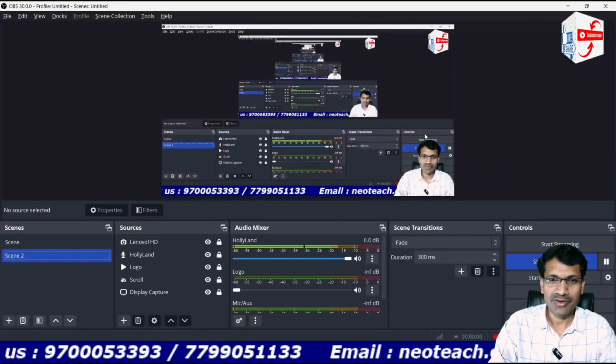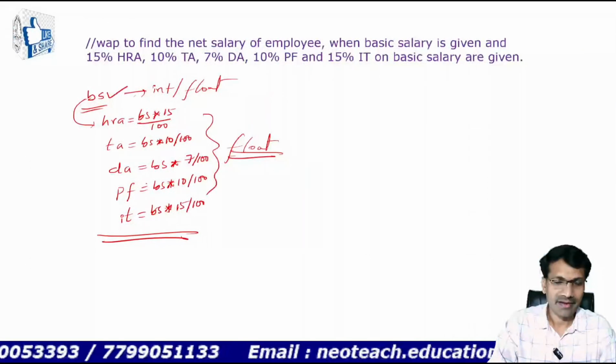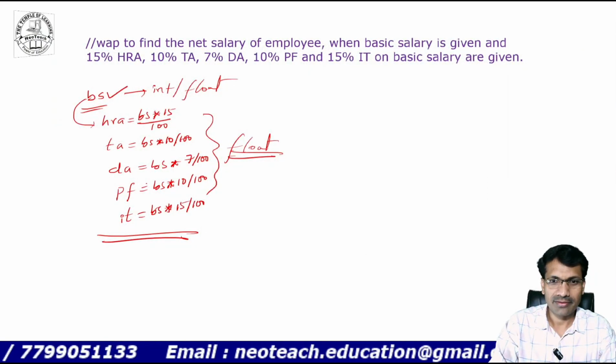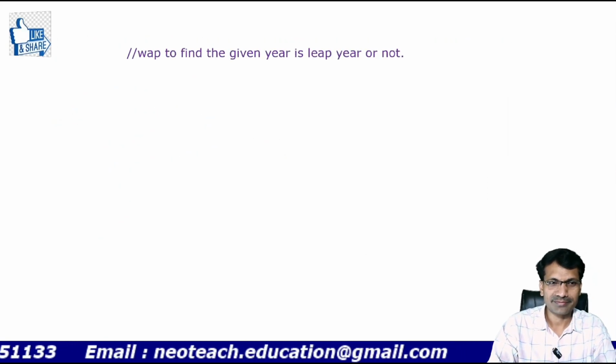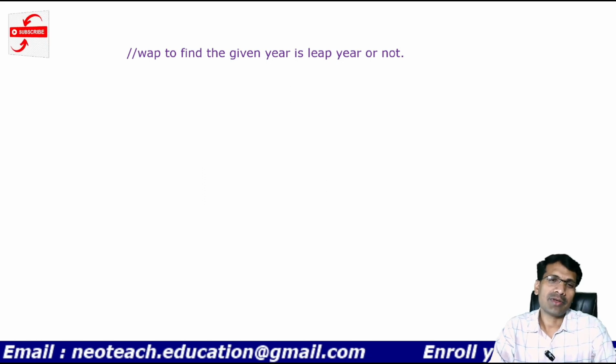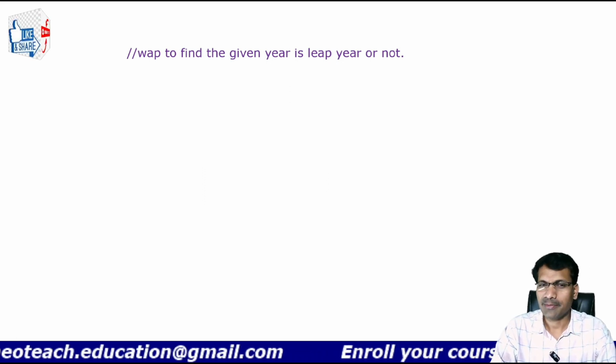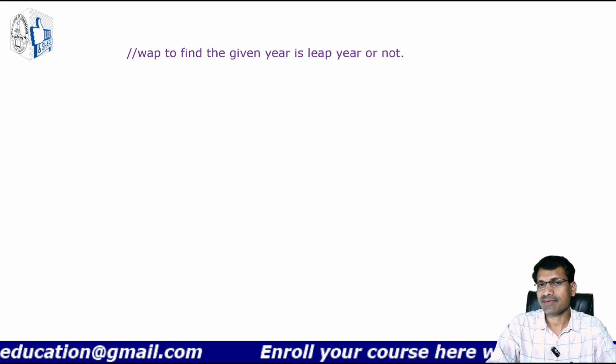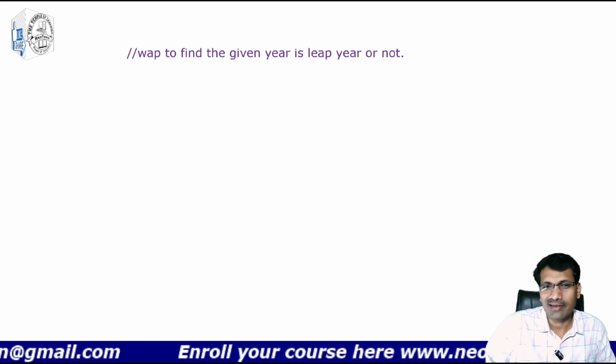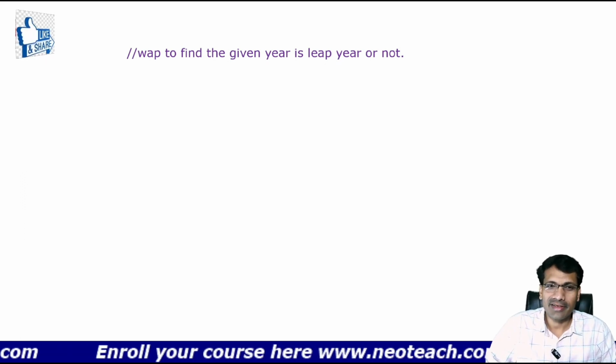Now let's move to the next topic. In the next program, write a program to find whether the given year is a leap year or not. As we know, a leap year comes every 4 years.